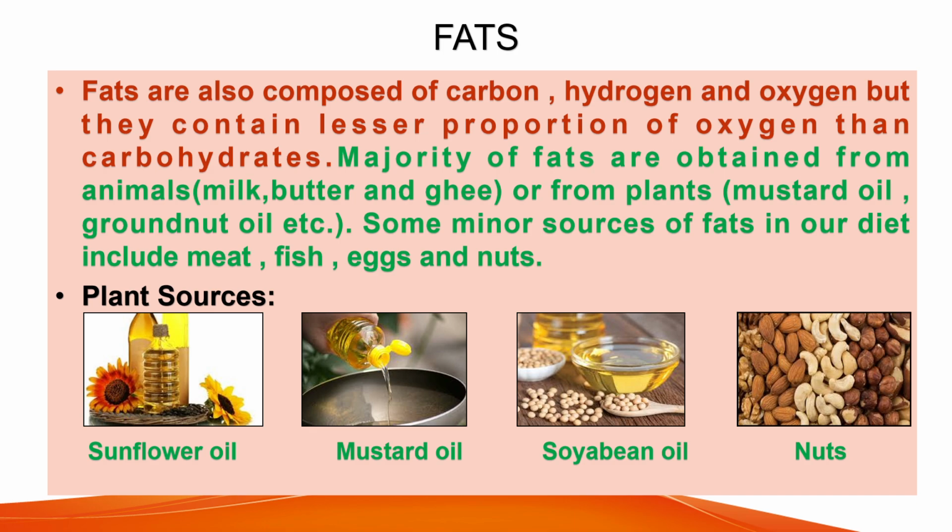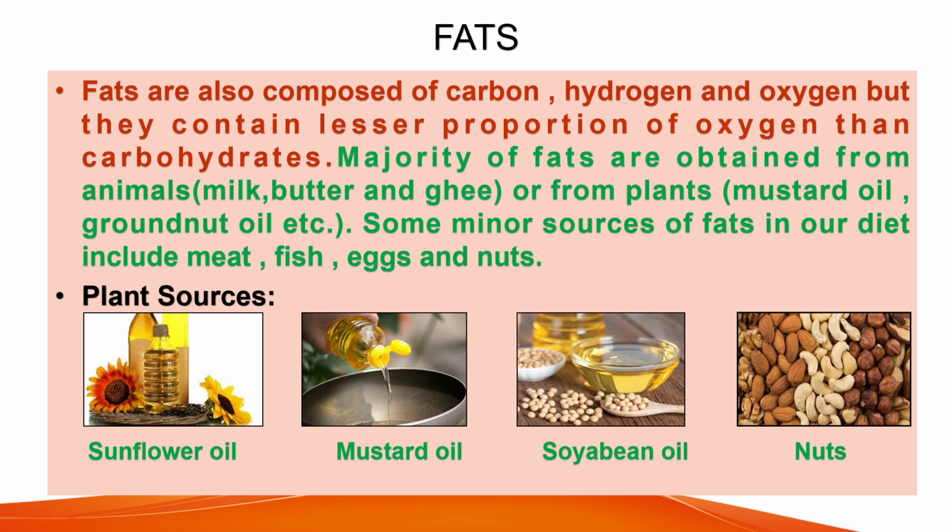Majority of fats are obtained from animal sources like milk, other milk products like butter and ghee, or from plant sources like mustard oil, groundnut oil, etc. And some minor sources of fats in our diet include meat, fish, eggs and nuts.